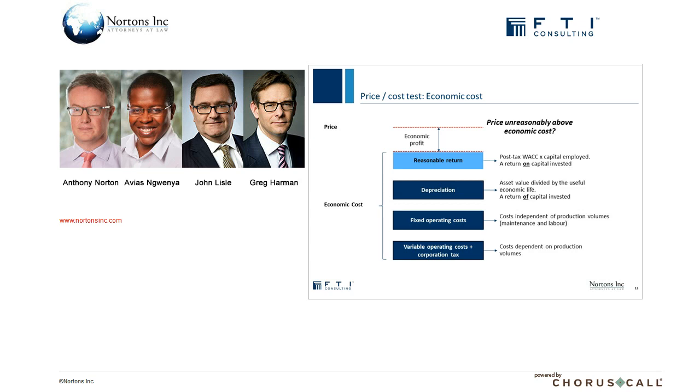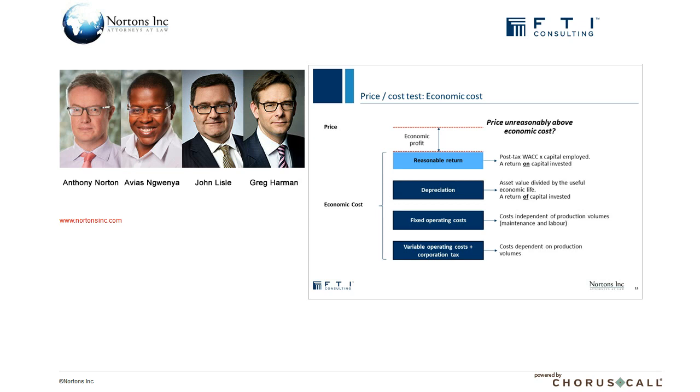So on slide 13, this just sets out the building blocks of how we start to talk about what is economic cost and what are we comparing it to. So the building blocks of economic costs are, we can start with accounting costs, and the first layer of costs will be the normal variable operating costs that a product or a service incurs. Those are normally well recorded within the accounts of a firm.